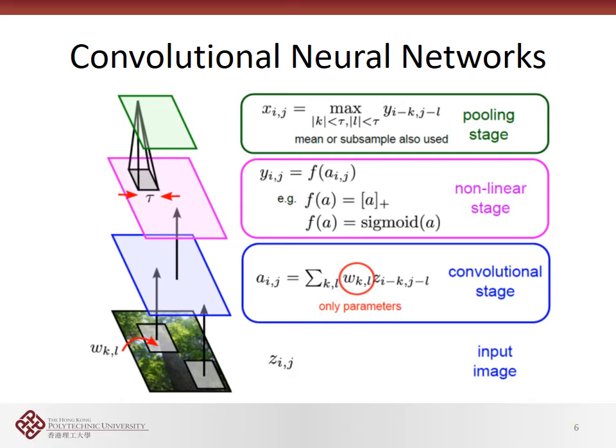This is a typical architecture of a CNN, convolutional neural network. It is composed of a stack of layers in a hierarchical way, as mentioned. Usually, there are 3 kinds of layers involved in a CNN architecture. The first kind is the convolutional layer.